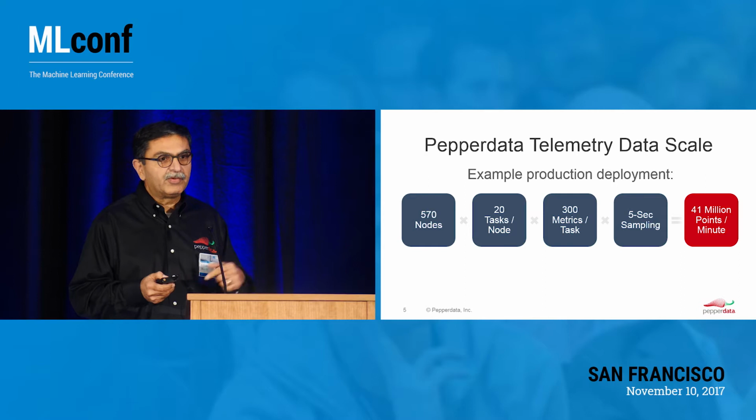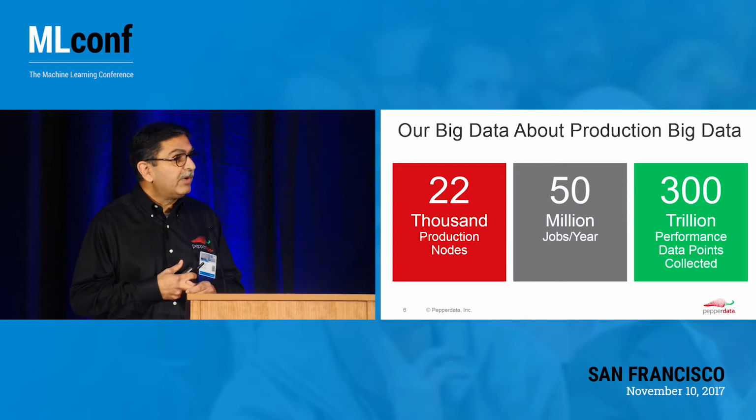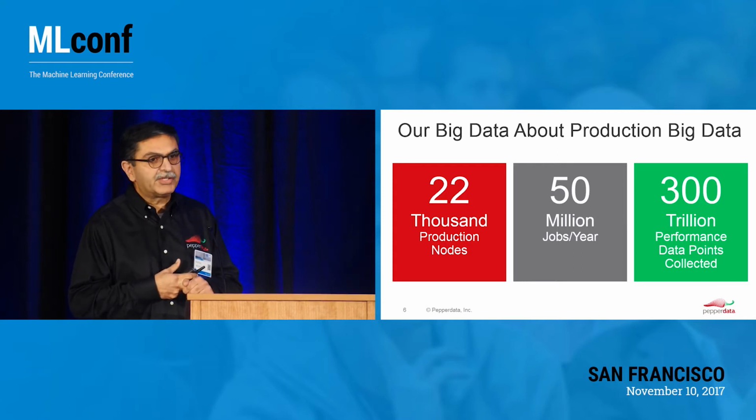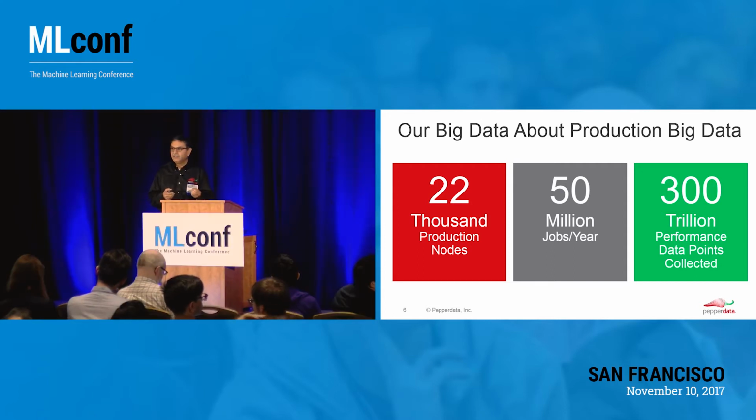If you aggregate it over the number of clusters that we're looking at, and by the way, this number goes up because we keep selling more, we have about 25,000 clusters that we watch like this. We collect data on about 50 million jobs per year, and so far, 300 trillion data points. That's a lot of data. That's a lot of first-party data that we have. And as I said, it's very, very granular data about every single thing that's happening on this cluster.